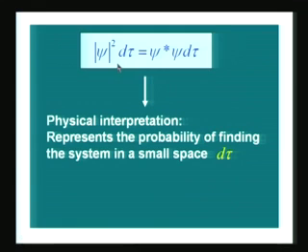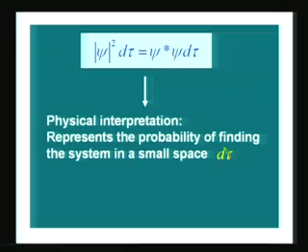What is the interpretation? The physical interpretation is that the absolute square of psi represents the probability of finding the system in a small space d tau. d tau is a small space. For example, we will see some of the models like particle in a box, the harmonic oscillator, the hydrogen atom, the molecular problem. We will define what the space means, what a small interval of space means.